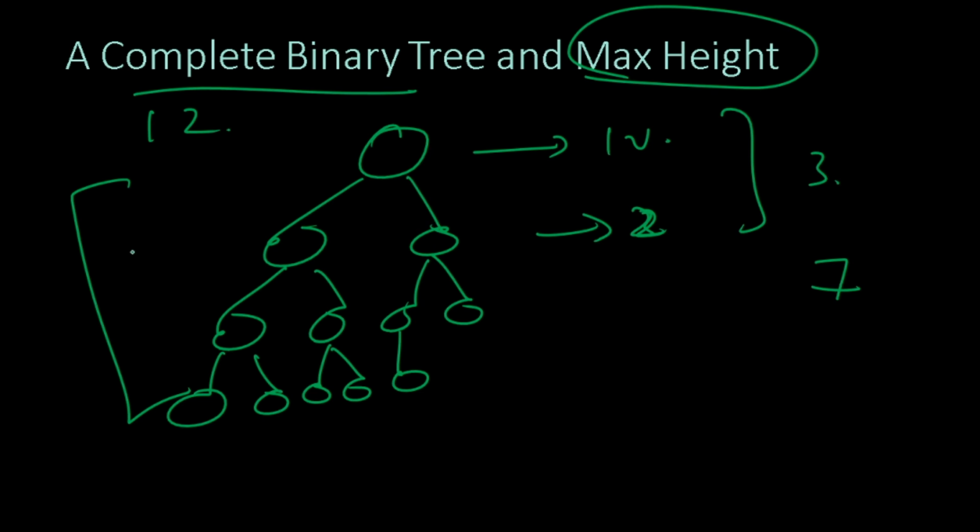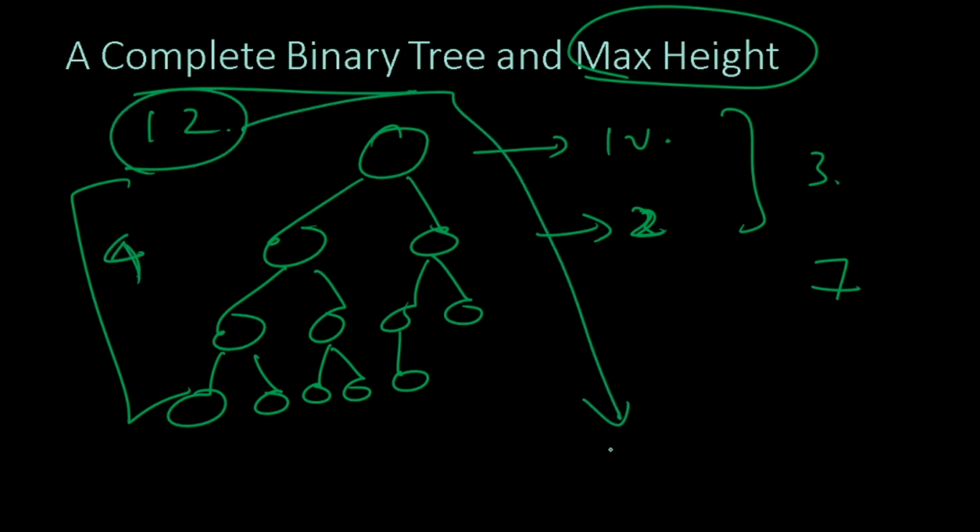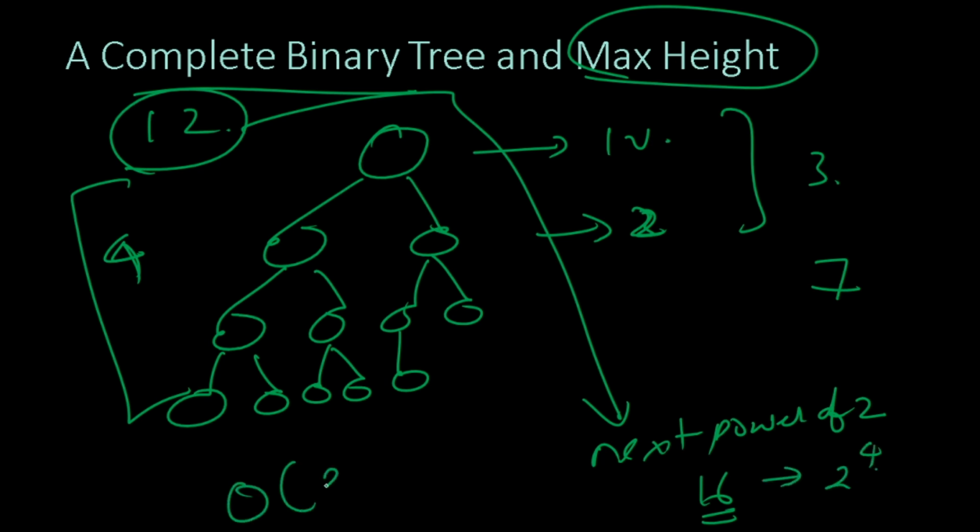And what is the height? The height is only 4. So this 12 we round to the next power of 2. It becomes 16. So 16 can be written as 2 power 4, and we have order of log of 2 power 4. So that is equal to 4 levels.